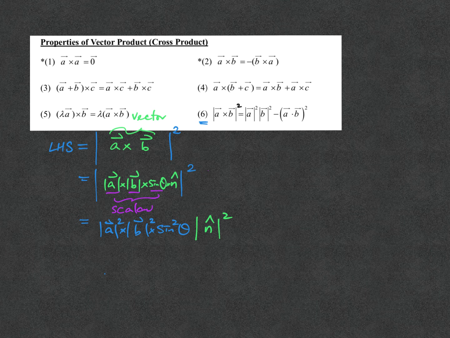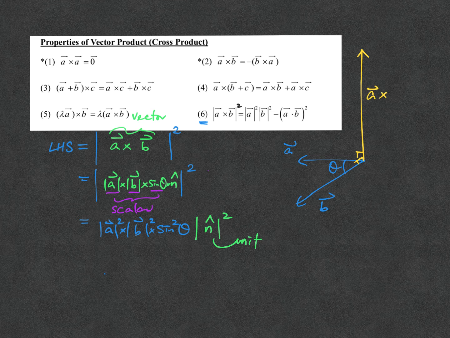Do you remember what n hat is? n hat is the unit vector which is perpendicular to both the A and B vectors. If you forget, let's record it in this picture. When you have the A vector and B vector, the angle between them is called theta. A cross B, by using the right-hand rule, is a vector perpendicular to both of them.